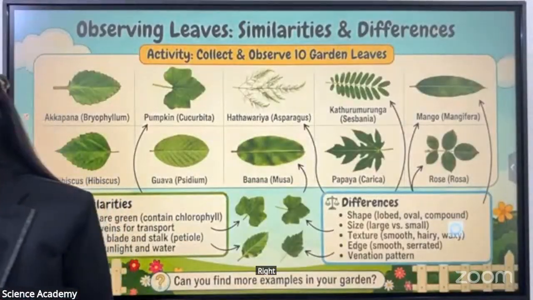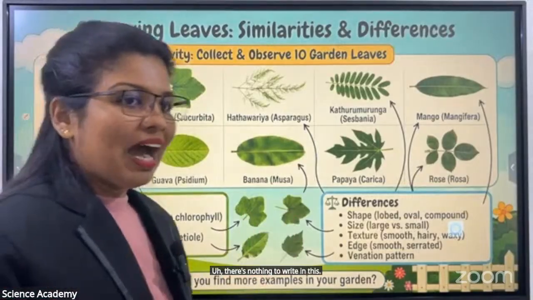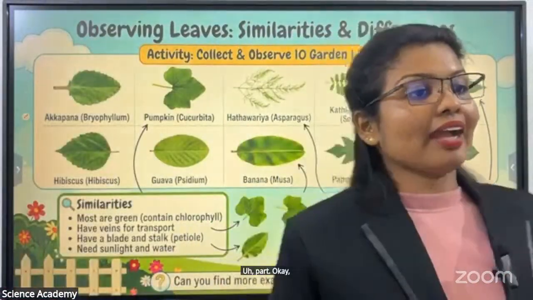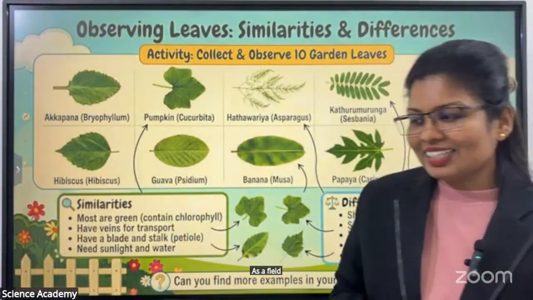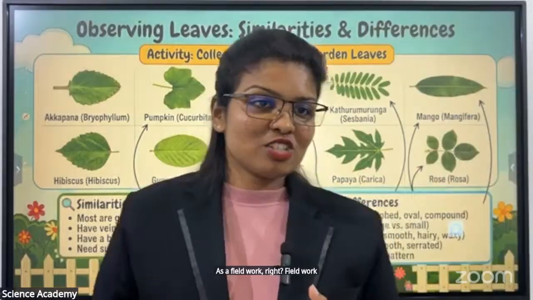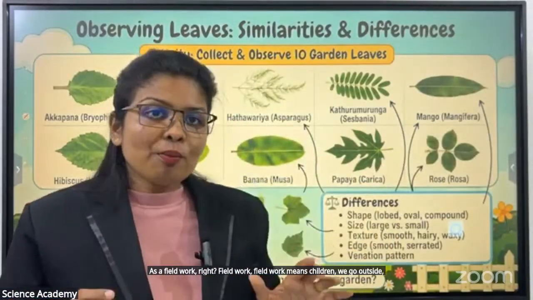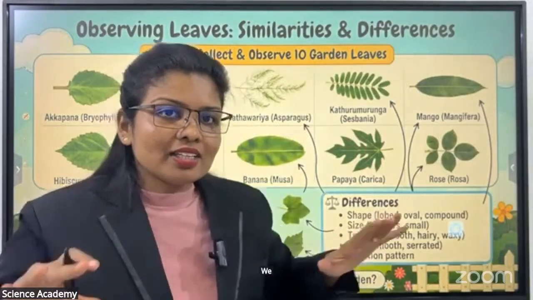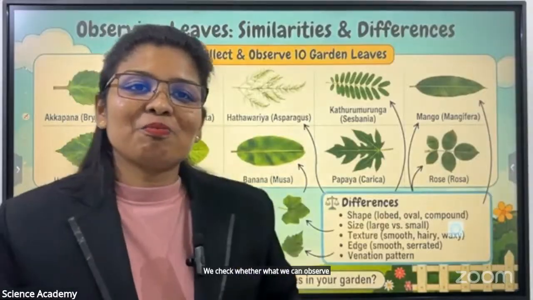Right. Children, there's nothing to write in this part. This is the kind of activity that we can do as field work. Field work means, children, we go outside of your home and check what we can observe through the plants.